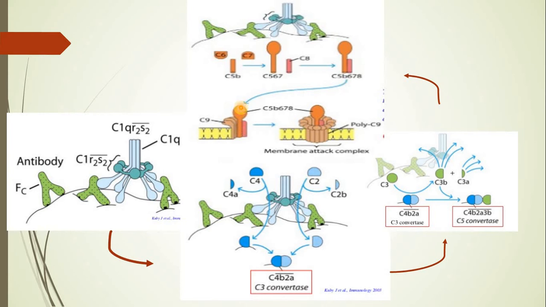And now attachment of C5b, 6, 7 and 8 will help in adding a large number of C9 molecules to it. As a result, there is formation of a poly C9 like structure encircling the C5, 6, 7 and 8, and this is called the membrane attack complex. Now this membrane attack complex brings about formation of transmembrane pores in the infected cell, as a result of which cell lysis will come into action.